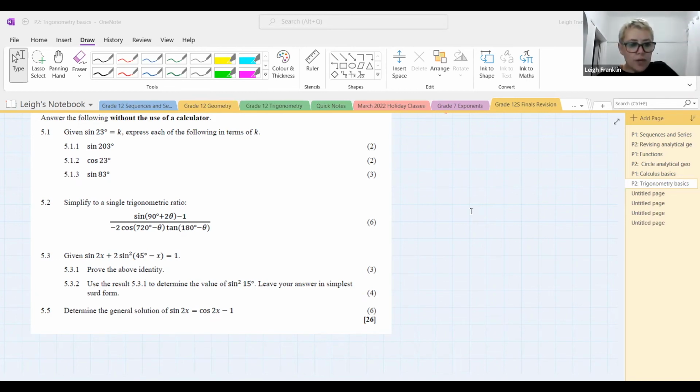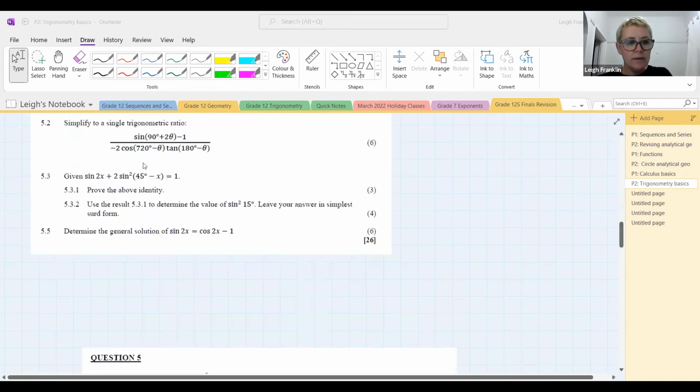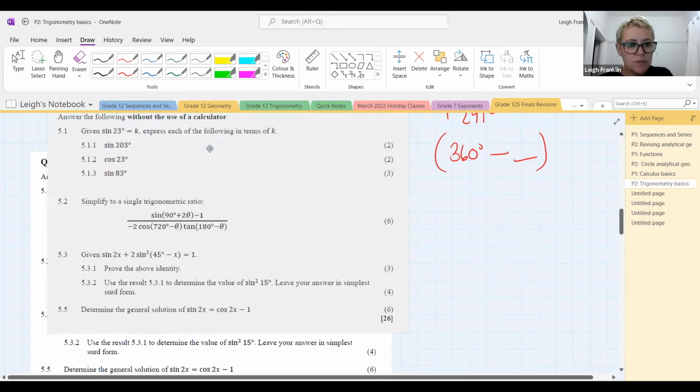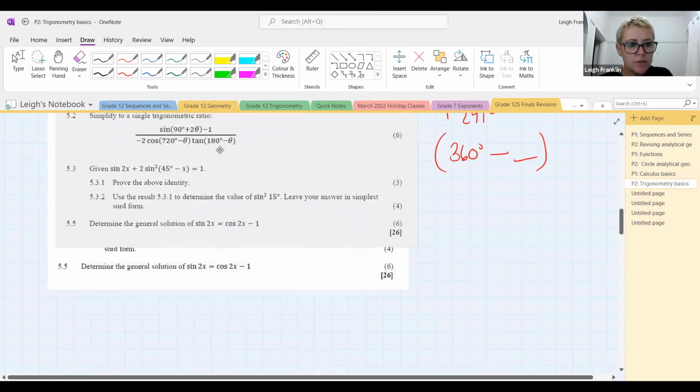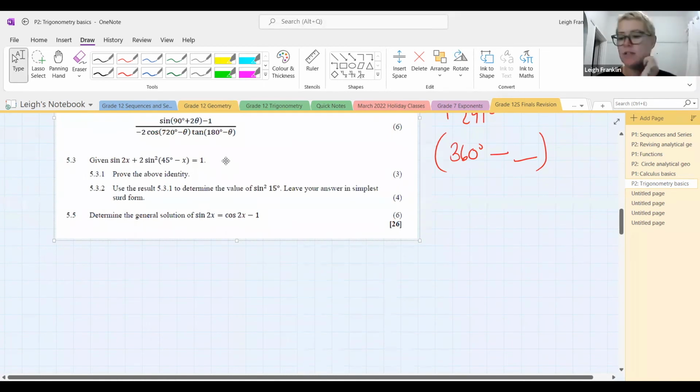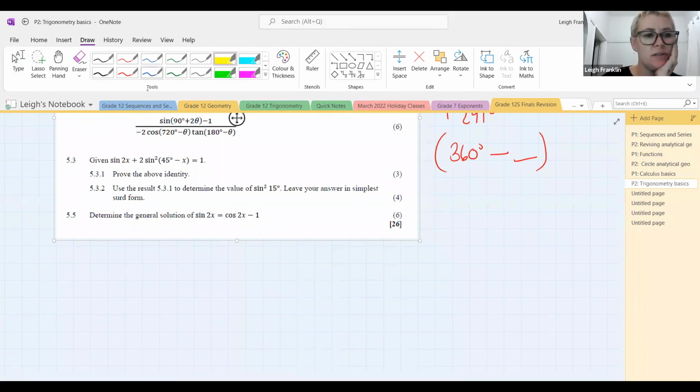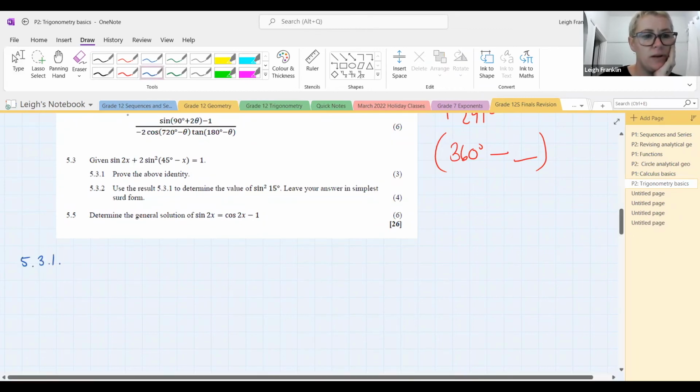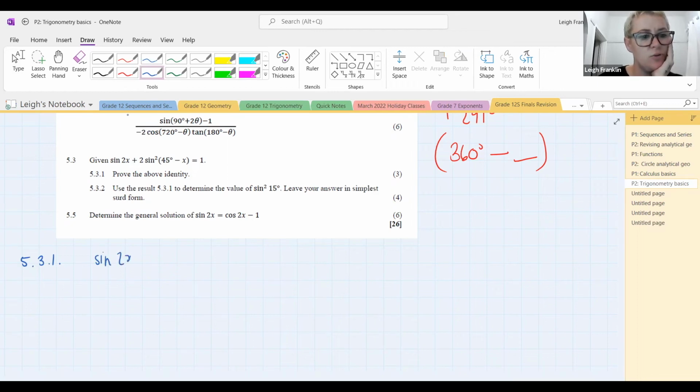Let's have a look. So we're going to do 5.3.1. I'm going to shift this up so that we've got that over there. What they have given us in 5.3.1 is this rather nasty looking thing: sine 2x plus 2 sine squared of 45 minus x, and it has to be equal to 1.